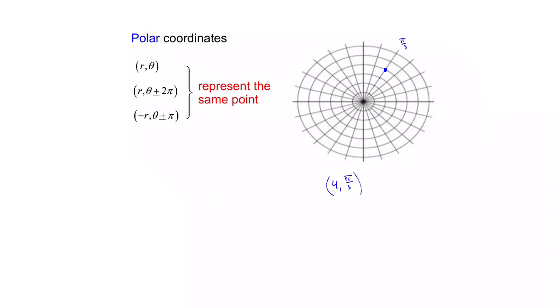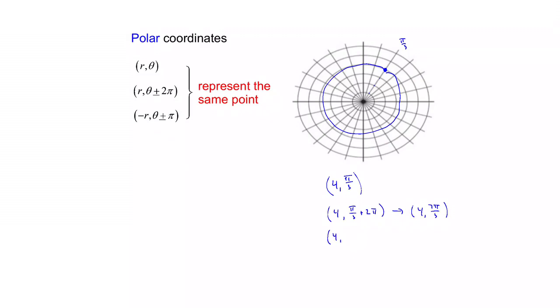But if we add 2 pi, 1 full rotation, we'll get another angle that represents the exact same point. So pi over 3 plus 2 pi represents 4 comma 7 pi over 3. So if we plotted 4 comma pi over 3 or 4 comma 7 pi over 3, it's the same location.